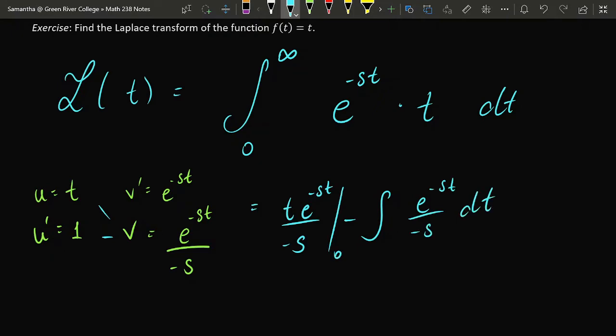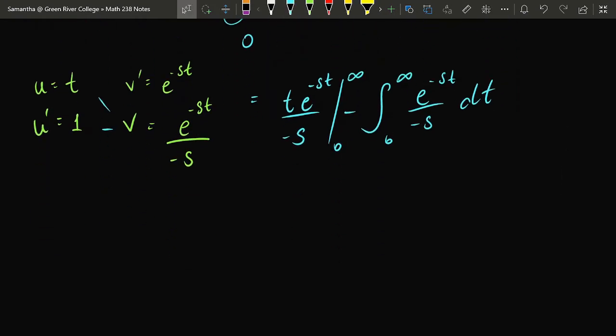Both of these from t goes from 0 to infinity. So if I evaluate that integral in the back, I get t e to the negative st divided by minus s, and I get minus e to the minus st divided by 2 copies of minus s.